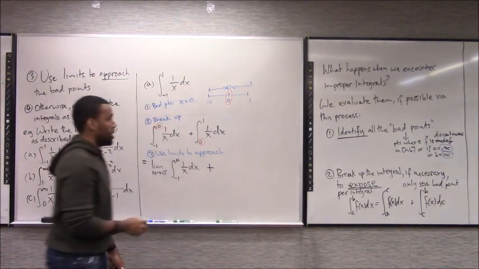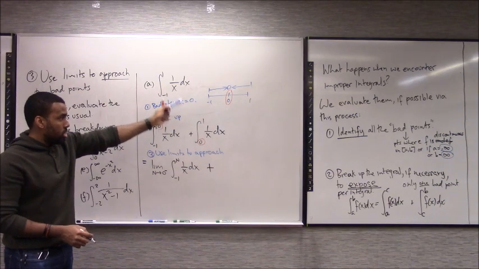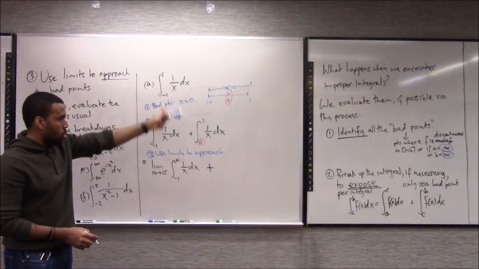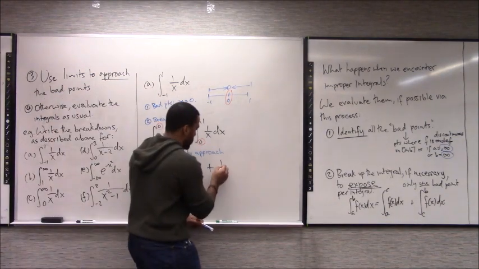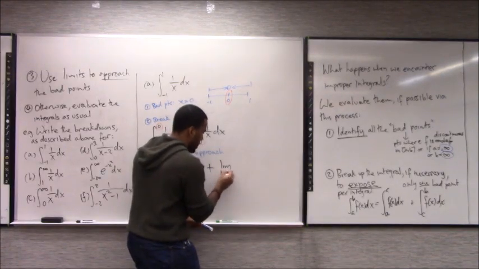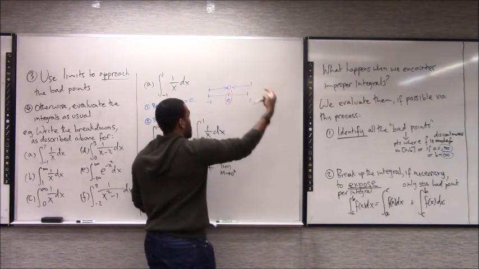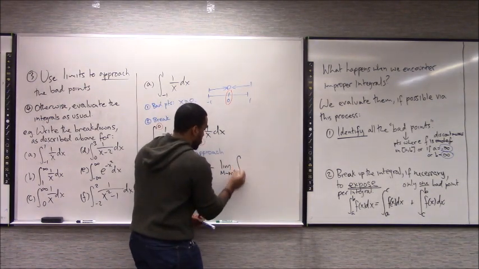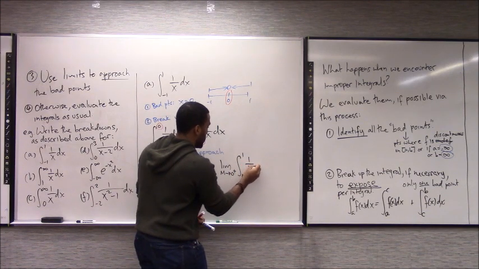Plus, you're going to do the same thing with every other integral. With each different integral, you want to consider a whole different limit. You don't mix and match, so you use a different variable. So you take the limit as, say, m approaches 0, this time from the right, because we're on this leg, of the integral from m up to 1 of 1 over x dx.